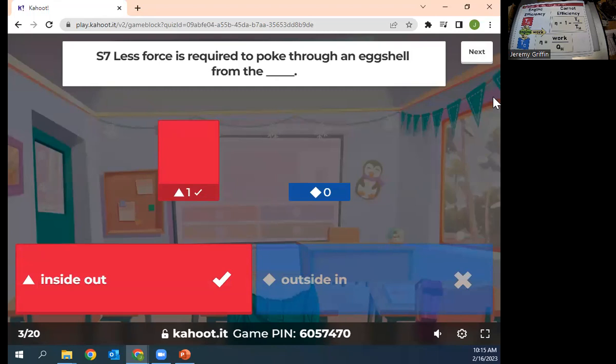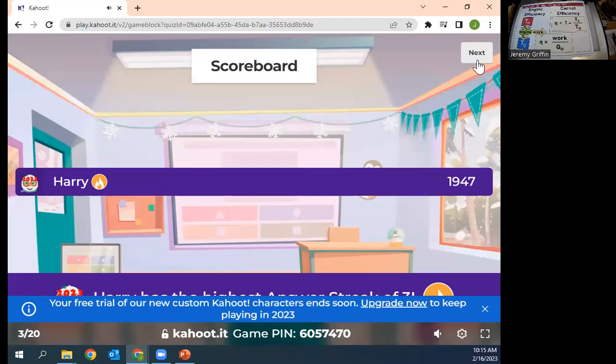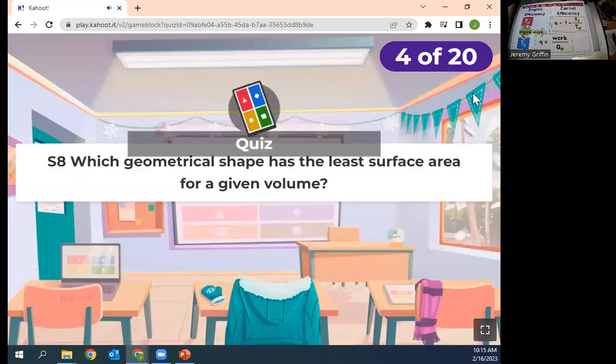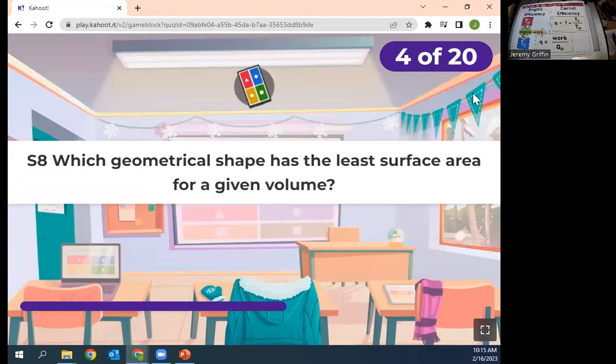Because the hatchling is really easy to get out, but whatever predators are trying to get into the egg, it's relatively harder. Now, the engineering principle is if you have an arch, it's really strong under compression, but under tension, it breaks apart really easy. An eggshell is kind of like a spherical arch.